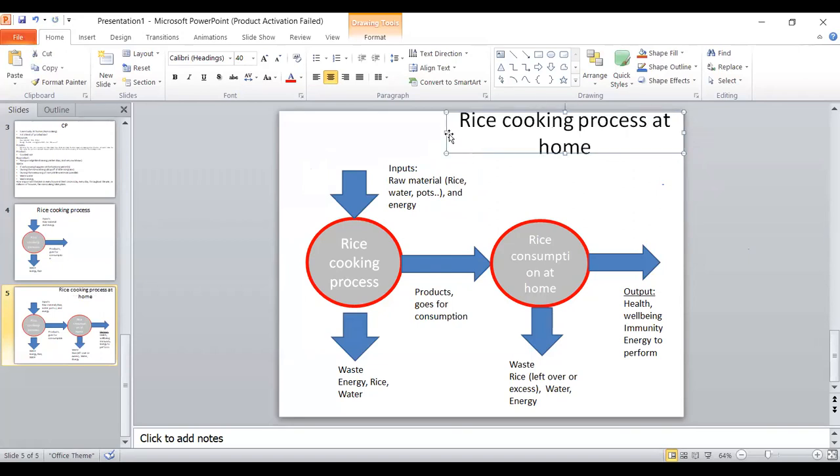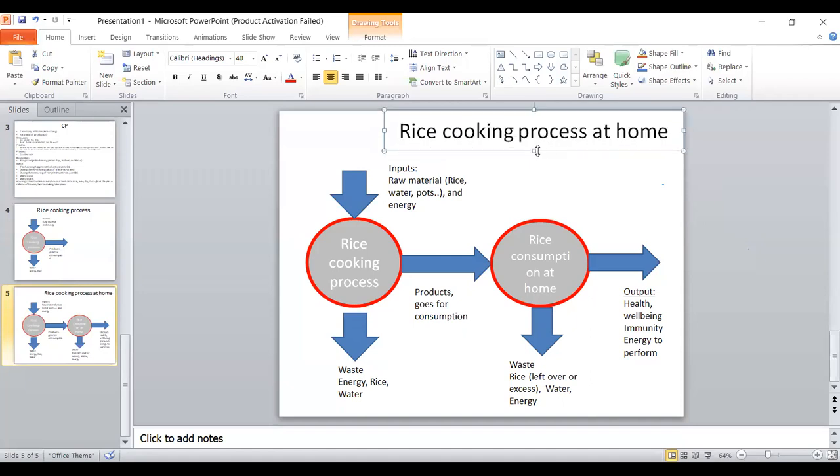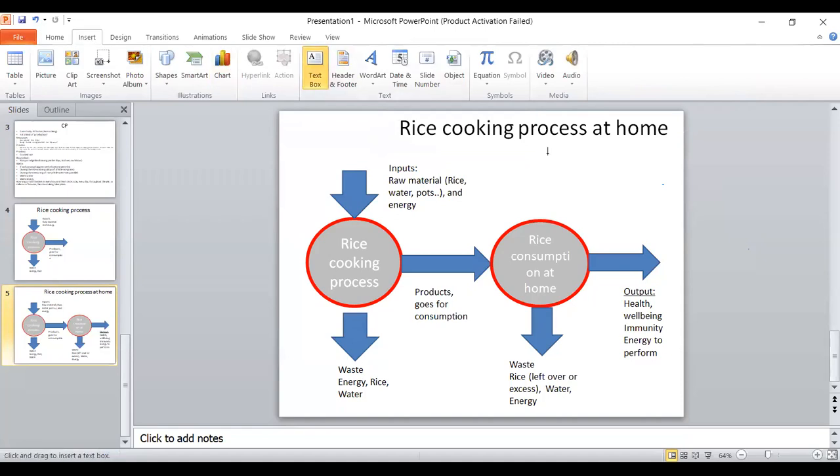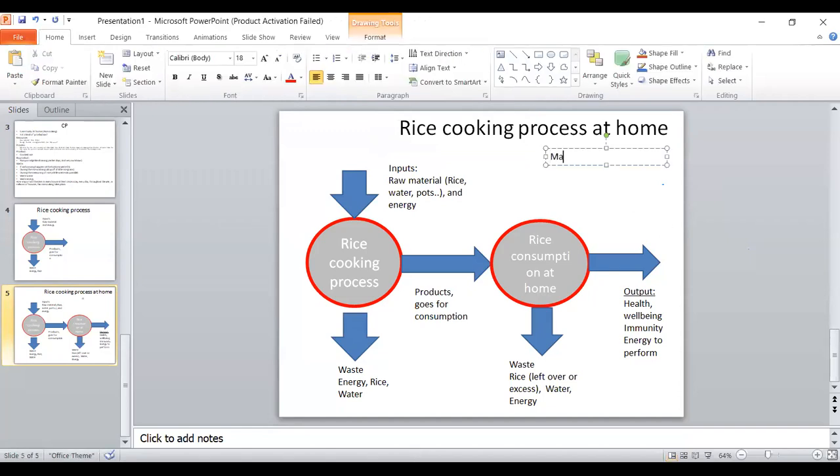So you imagine, in this rice cooking process, these are the lessons: managing resources and energy. Because this is every day throughout the year, in every house and for all individuals.